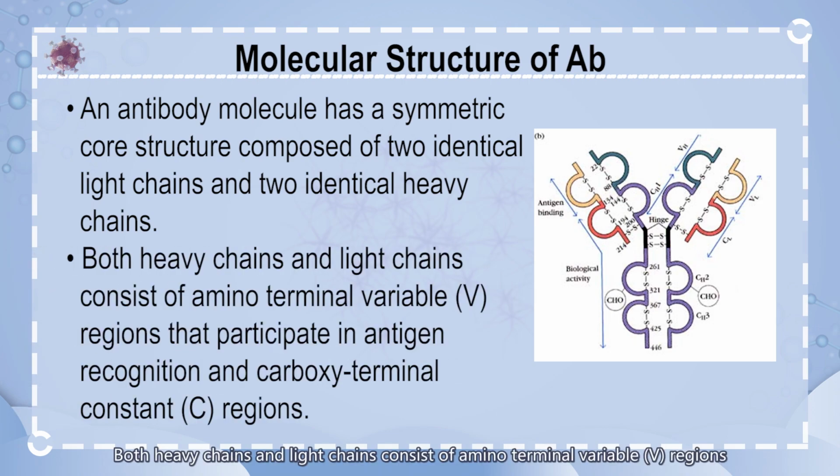Both heavy chains and light chains consist of amino-terminal variable V regions that participate in antigen recognition and carboxyl-terminal constant C regions. So, every antibody molecule has at least two antigen binding sites.